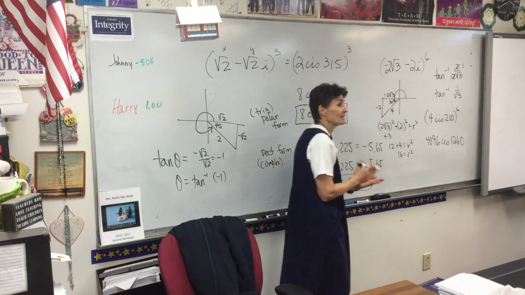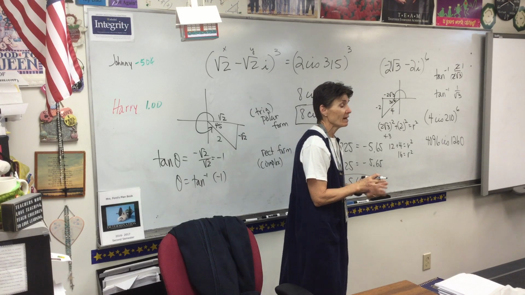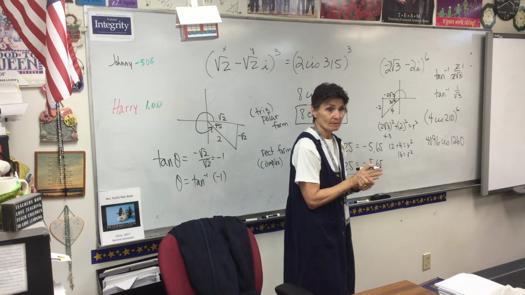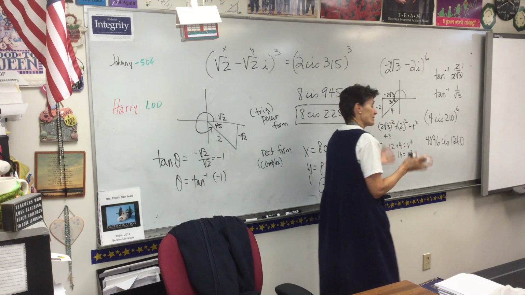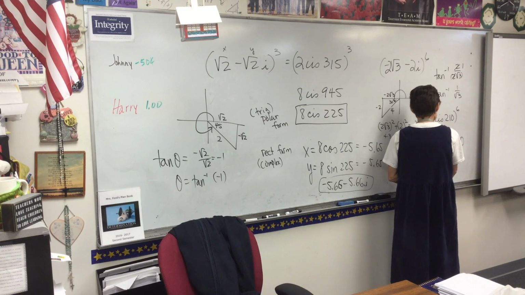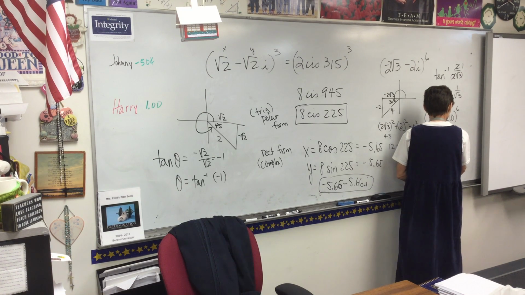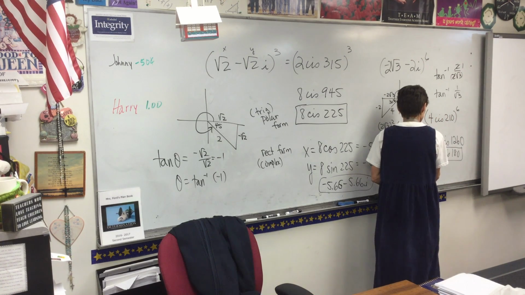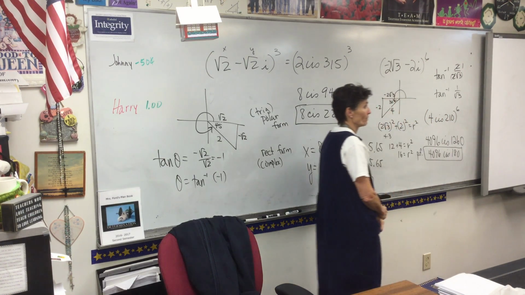Now you're not going to put that in the answer blank though, because that angle is way too big, right? So let's shrink it. Just start taking out 360s. Does that come down to 180?